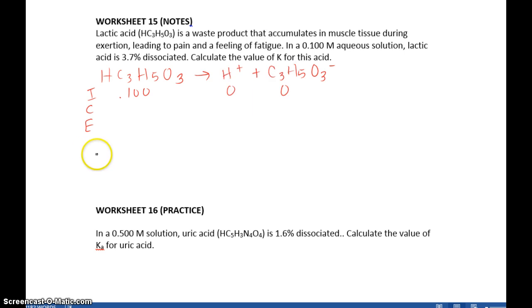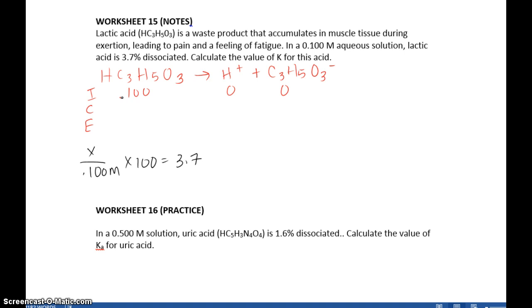So percent dissociation is equal to the amount of hydrogen, whatever this number is here, over the initial concentration, which is that 0.1, times 100, and we know that it's equal to 3.7, because that was given to us. So here's the 3.7 that was given to us. Here's the 0.1 that was given to us. We're going to put it into that equation.